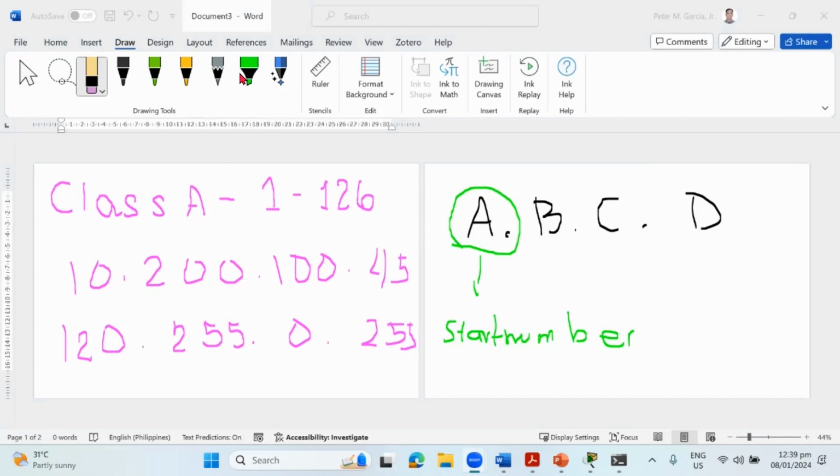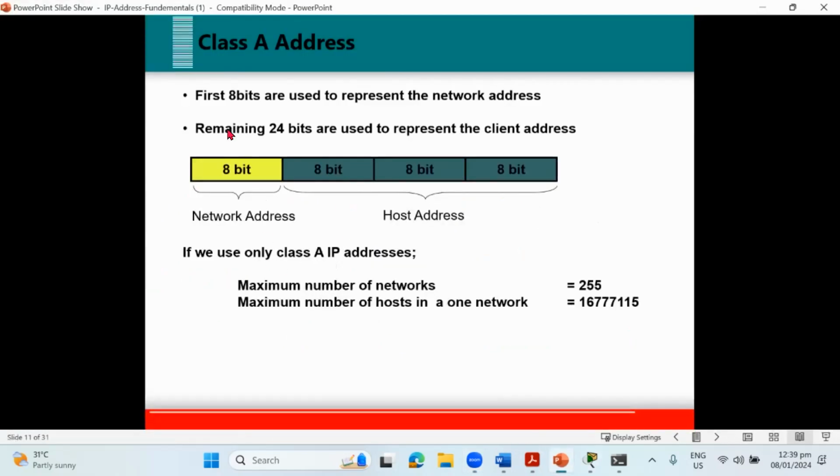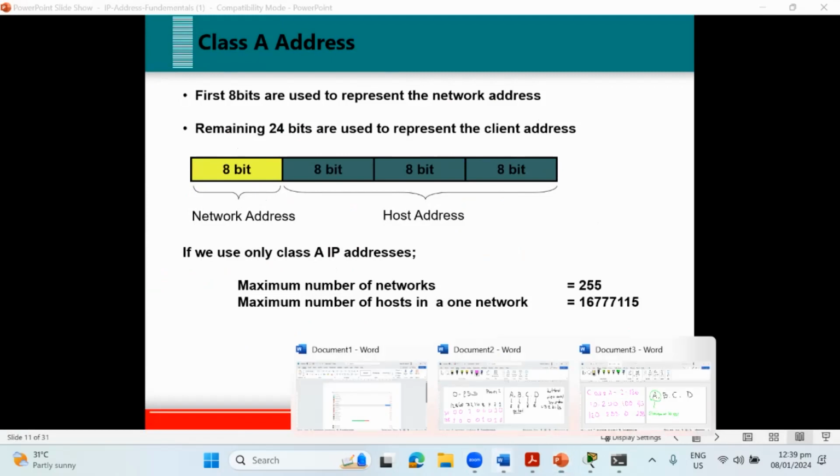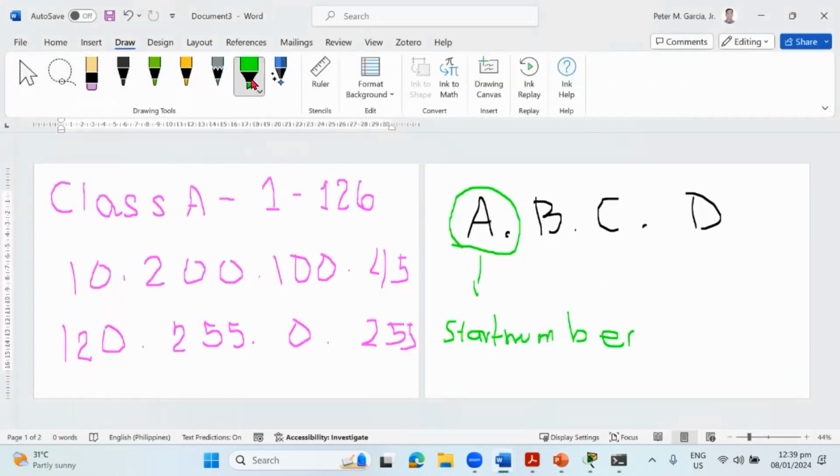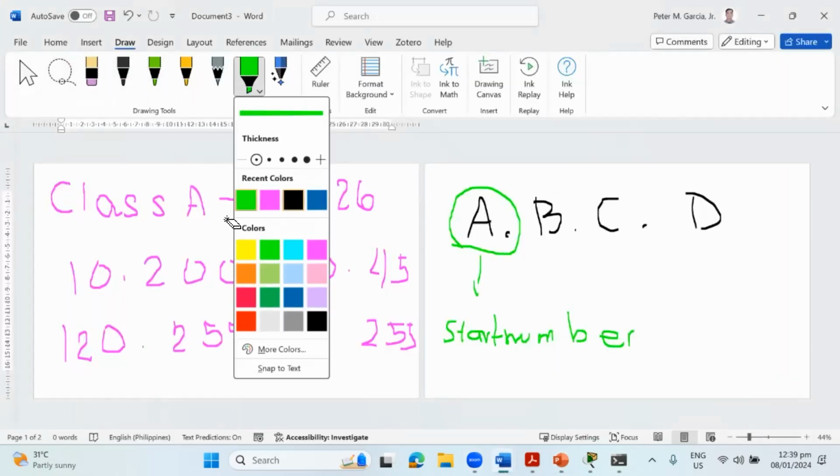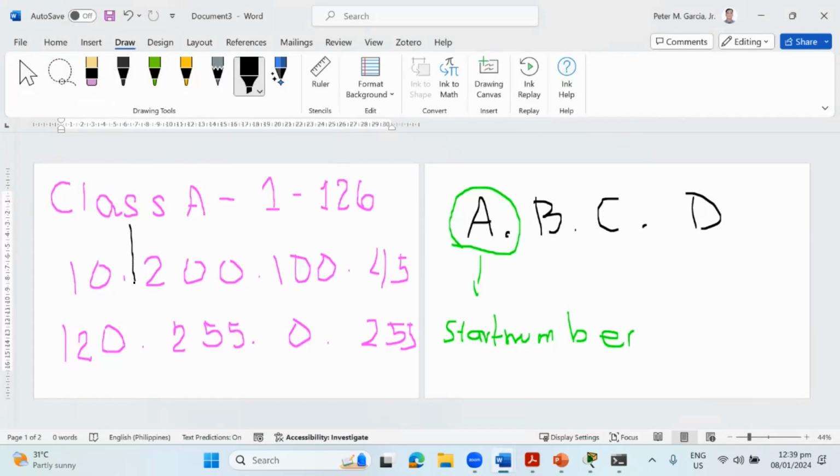Ngayon, ang hatian natin, sabi dito, yung first 8 bits are used to represent the network and the remaining 24 are used for the client. So, for class A, yung first niya, itong laging unahan, will be the network and the remaining will be for the host. For class A, laging titignan yung starting number.